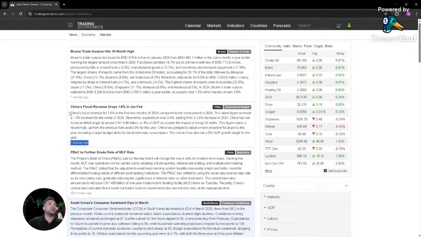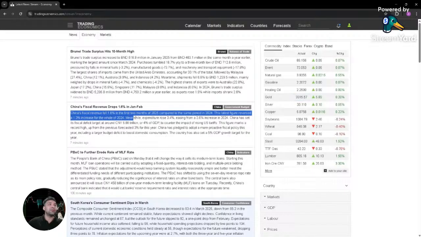7 minutes ago, China's fiscal revenue fell 1.6% in the first 2 months of 2025 compared to 2024. This latest figure reversed a 1.3% increase in the whole of 2024, while expenditure rose 4%, easing from a 3.6% increase in 2024.